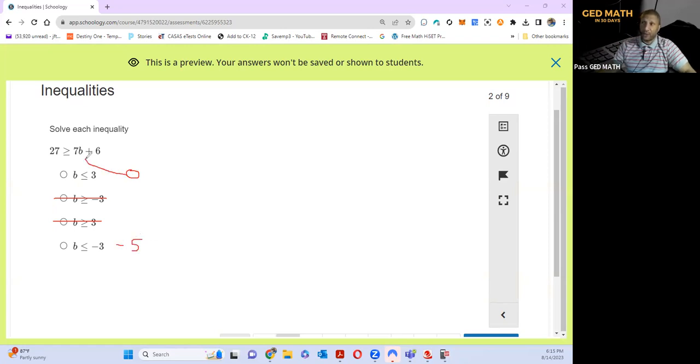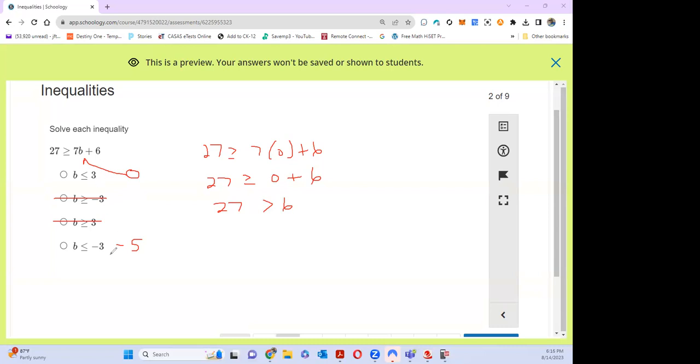And I'm gonna plug those numbers in and see if they work. 27 is greater than or equal to 7 times 0 plus 6. 27 is greater than or equal to 0 plus 6. 27 is greater than 6. Guess what? It might be the answer. Might not be the answer because a number less than 3 could also be less than -3, correct?